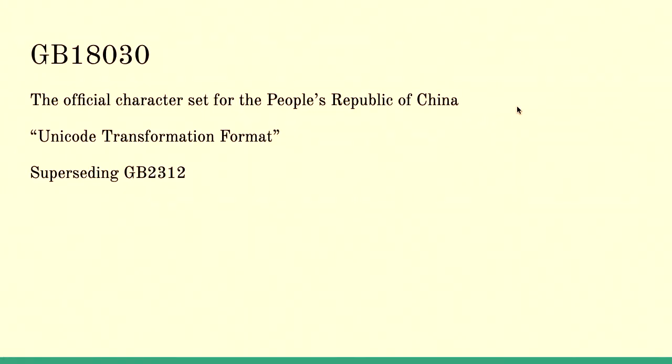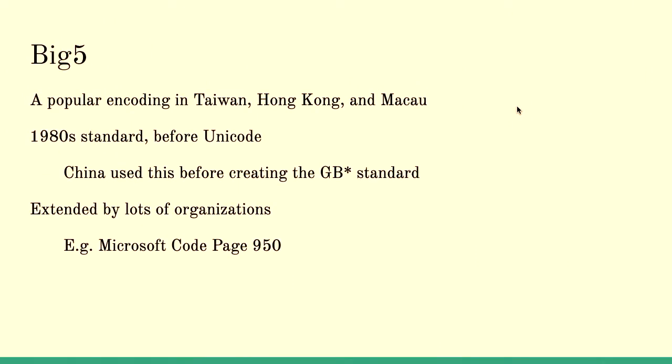And this is the official standard for the People's Republic of China. So they don't actually recognize Unicode, but they made their own character set, which is Unicode compatible. It's called the GB 18030 Unicode transformation format, and it supersedes another standard created by them before Unicode, which is GB 2312.